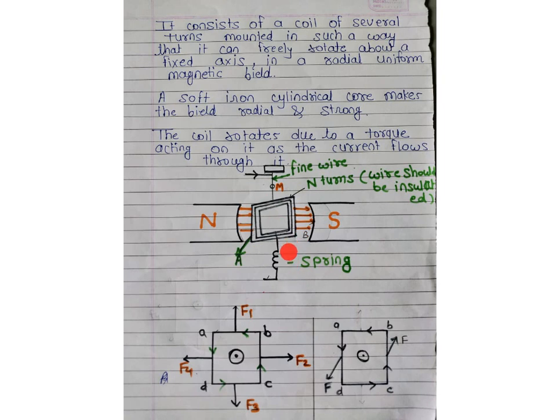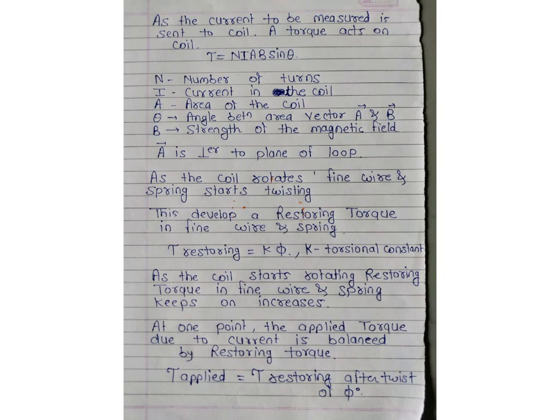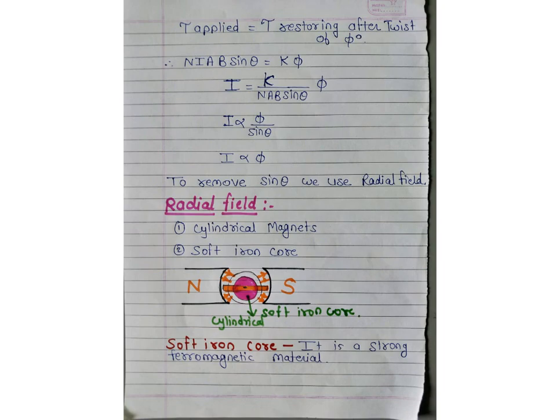As the coil rotates, the restoring torque keeps increasing, and at one point the applied torque due to the current is balanced by the restoring torque. Therefore, the applied torque is equal to the restoring torque after a twist of phi 0.